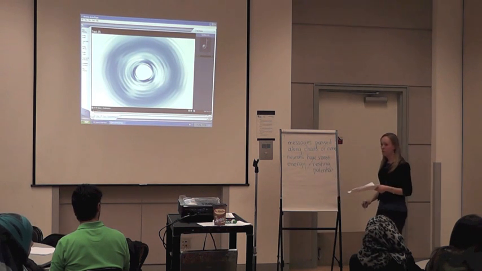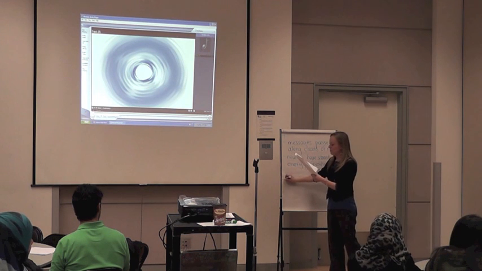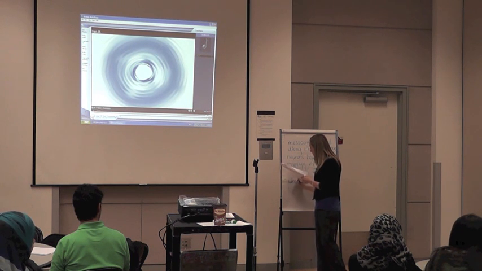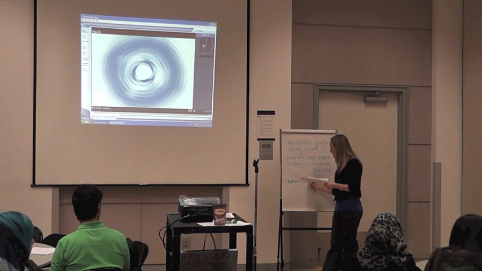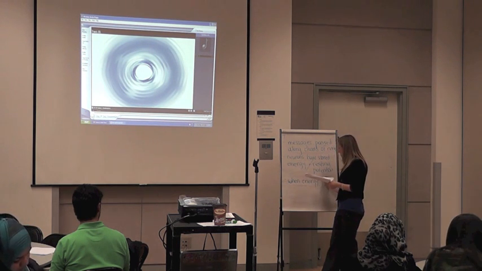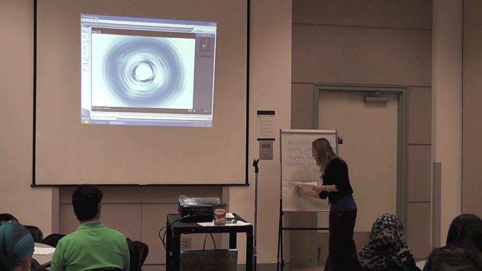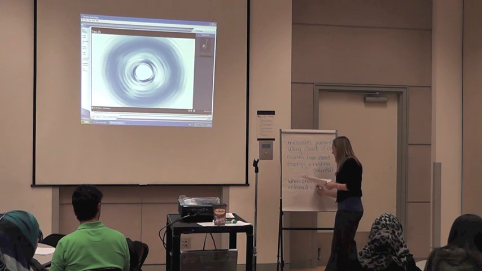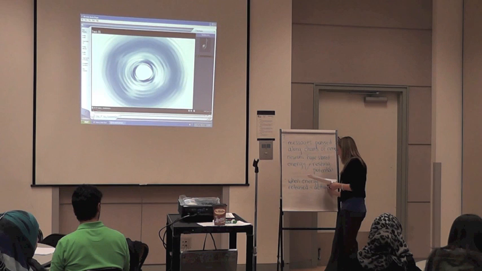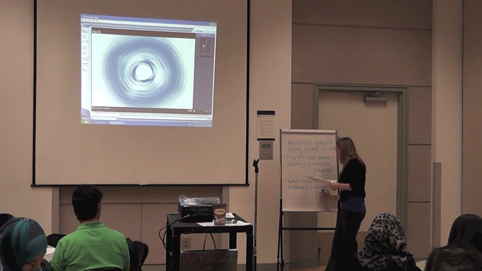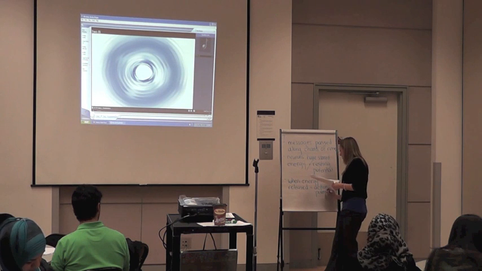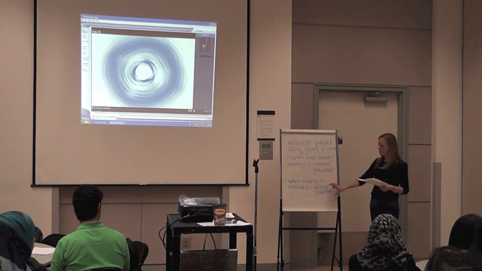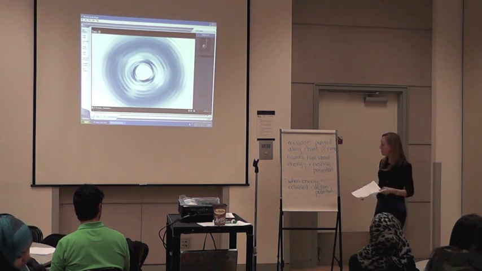So either of those would be okay for a point. Next one, when energy is released, we call it action potential. So if you had found or heard resting potential and heard action potential, you would get 2 points there.